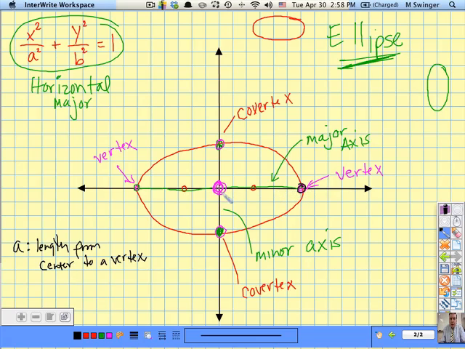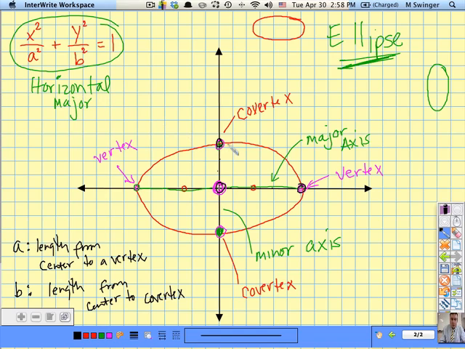In this case, my a is 1, 2, 3, 4, 5, 6. In this case it's going to change. So what about b? b is the length from the center to the co-vertex. In this case, my b is from here to here, so that's 1, 2, 3. In this case, b would be 3.